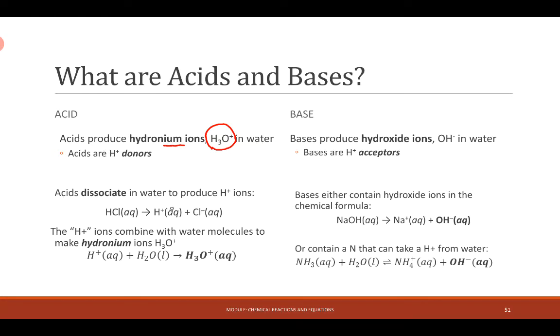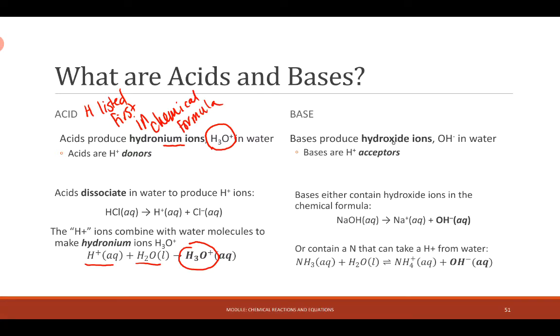That H+ then combines with a water molecule to form our H3O+. Acids are indicated in their chemical formula by H listed first in the chemical formula.